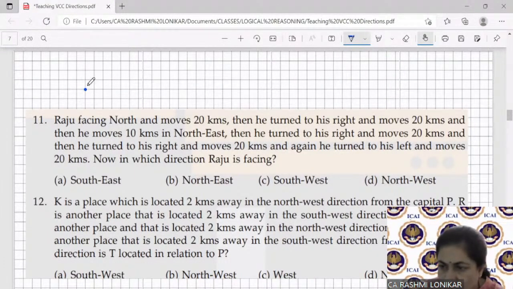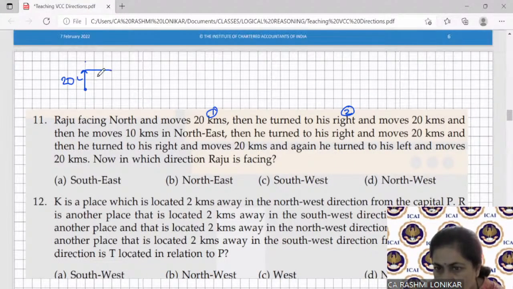Moves 20 kilometers. So he is moving like this. So this is his left. Then he turns right. This is the first thing we have done. He turns right and moves 20 kilometers. So he is moving here. This is 20. This is his left.